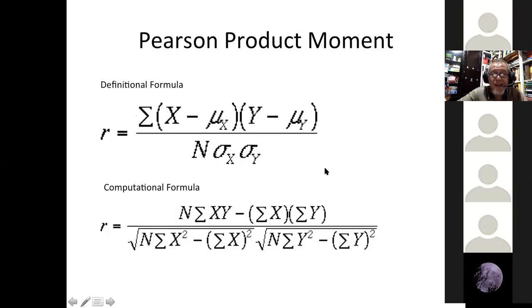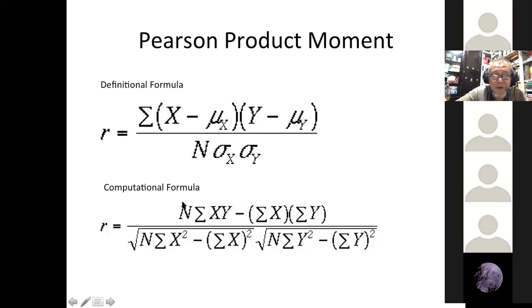Okay, next, how we calculate the correlation coefficient, the r. When the data are interval or ratio, then you use the Pearson product moment. And here is the formula. There are two types of formula. The first one is the definitional formula. You can use the definitional formula, or you can use the computational formula. We will practice using the computational formula.